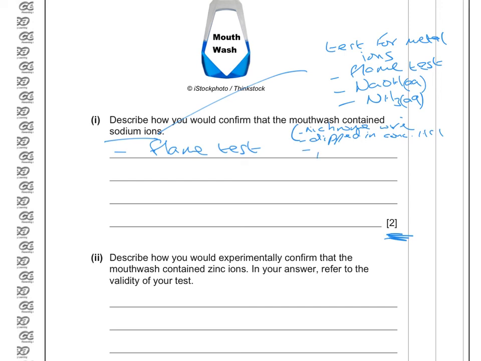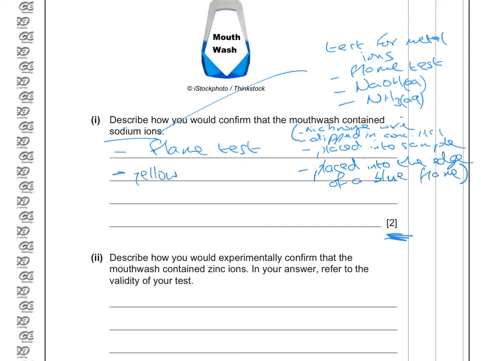It would then be placed into the sample and then placed into the edge of a blue flame of a Bunsen burner. Okay, so if you're asked to describe it in detail, that's what you'd write down. But as I said, there are only 2 marks, so we can just say carry out a flame test, and sodium ions will produce a yellow colour, yellow or orange colour.